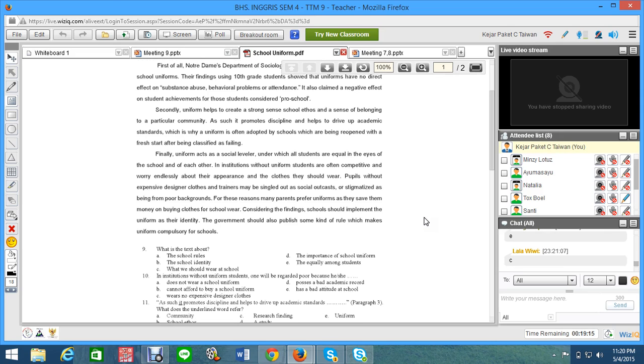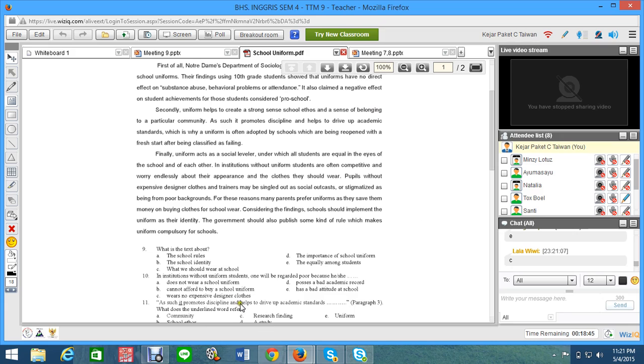It should be C. Okay, C, wears no expensive designer clothes. Katanya tadi kan dalam sebuah institusi tanpa seragam, seseorang akan dianggap miskin karena dia does not wear a school uniform.